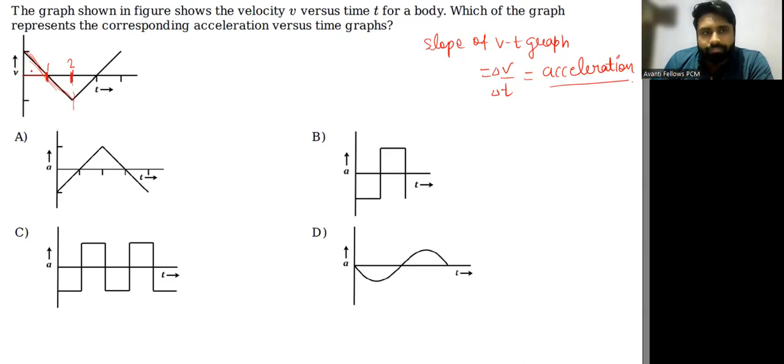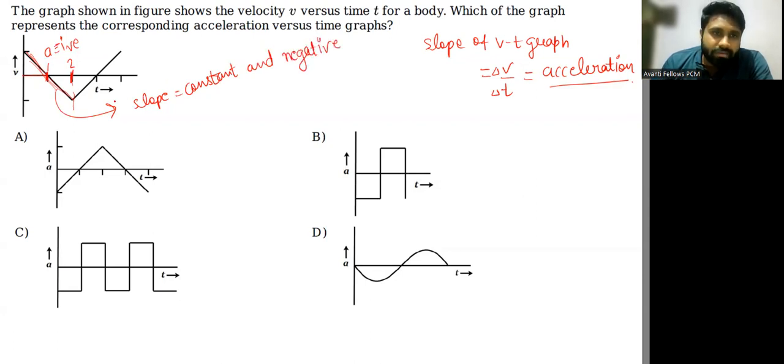So up to point 2, the slope of the VT graph is negative, which means that the acceleration is negative. One more thing you have to notice is that the slope is constant. Constant and negative.